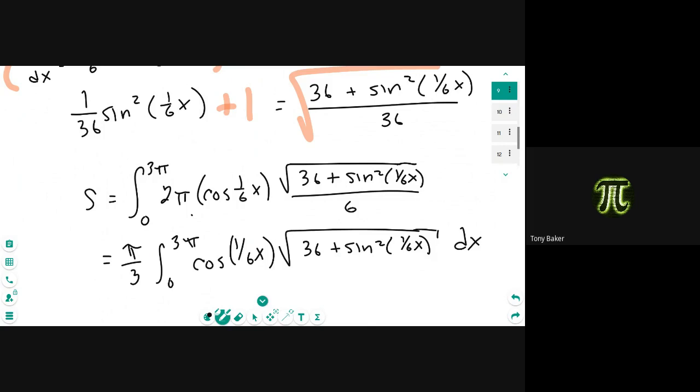Then you sub. Yep. Right. Derivative of sine is cosine, right? Yeah.